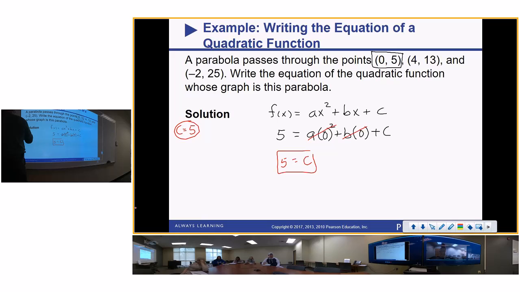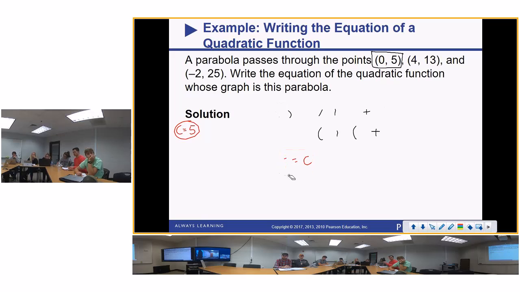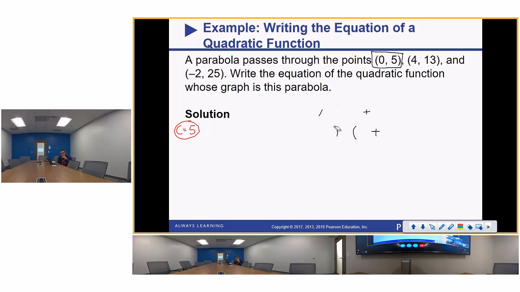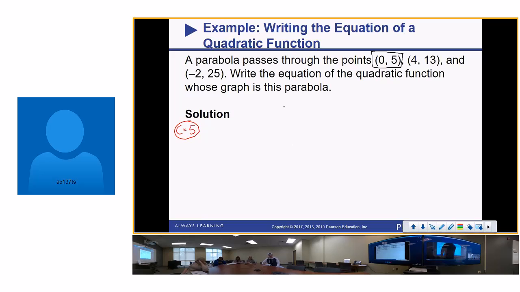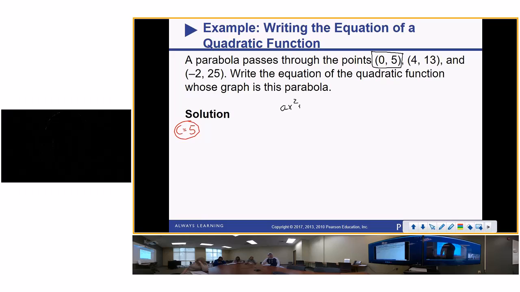Now, we've got to do something with the other two. So what you're going to do is erase this, and you're going to plug in the other two, but you're going to use y is equal to ax squared plus bx plus c.